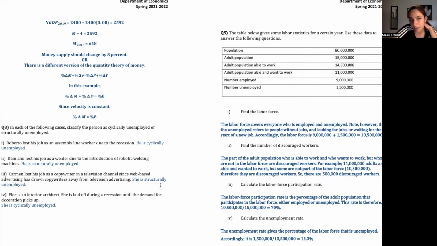It is again structural unemployment because Carmen's abilities are not enough anymore. And Flor is an interior architect. She's laid off during a recession until the demand for decoration picks up. Again, you see the word recession, so you can say it is cyclical unemployment.